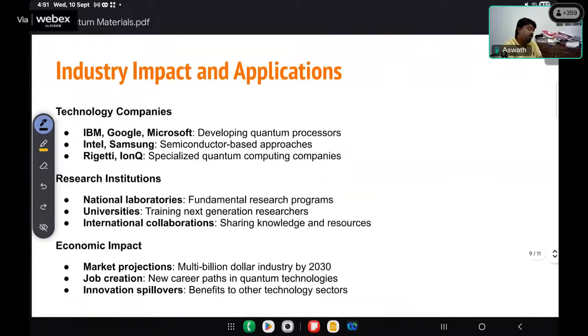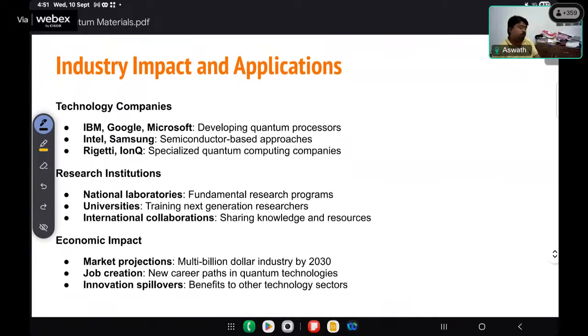So what impact can a quantum material study have? Technology companies like IBM, Google, and Microsoft are developing quantum processors, so they can have better quantum processors. Intel and Samsung depend on semiconductor-based approaches.